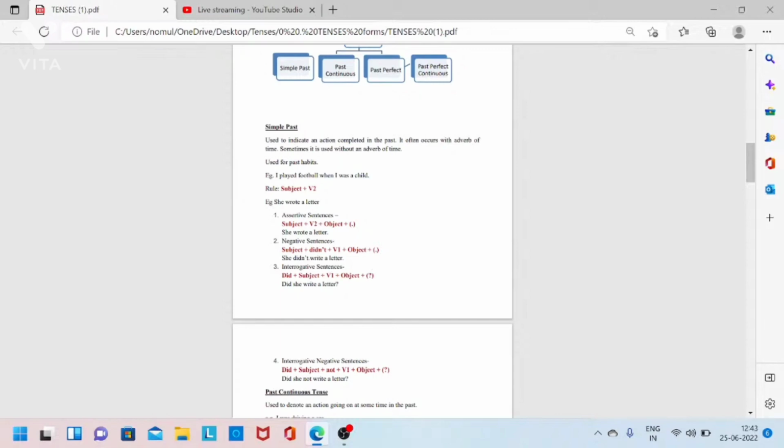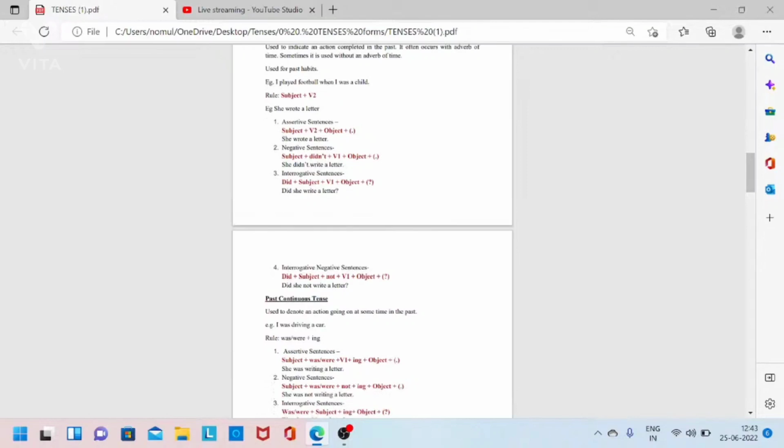For interrogative sentences: did plus subject plus v1 plus object. Did she write a letter? For interrogative negative sentences we use did plus subject plus not plus v1 plus object. Did she not write a letter? In the present tense we use have, and here we'll always use did.